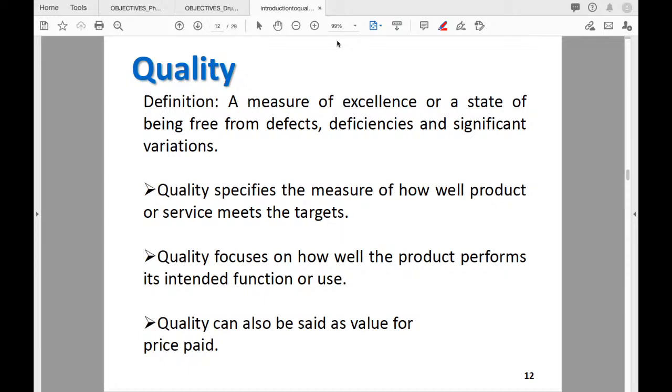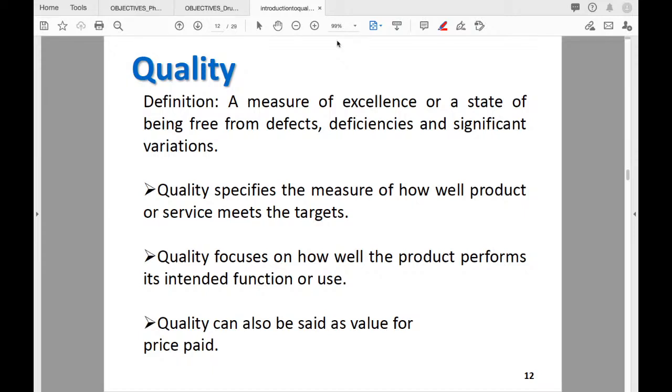So what is quality? Quality is a measure of excellence or a state of being free from defects, deficiencies, or significant variations. We want our product that is being produced, whether it's a tablet or any food product, to be free from any deficiencies or defects, and they should all have the same amount, same nutrients, same ingredients, and there should be no variation between them.